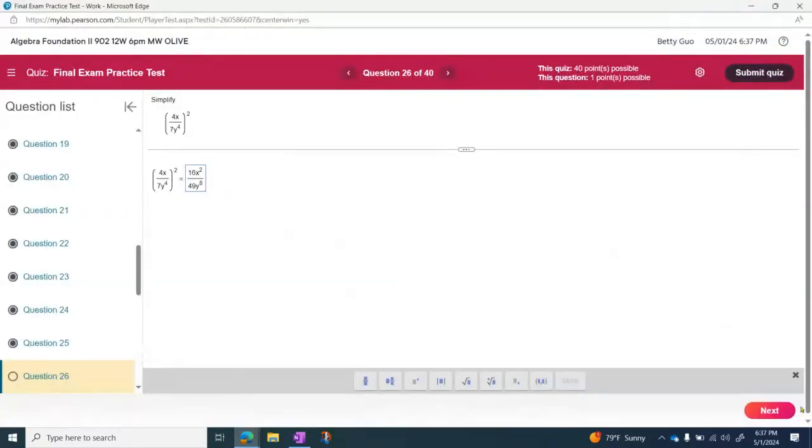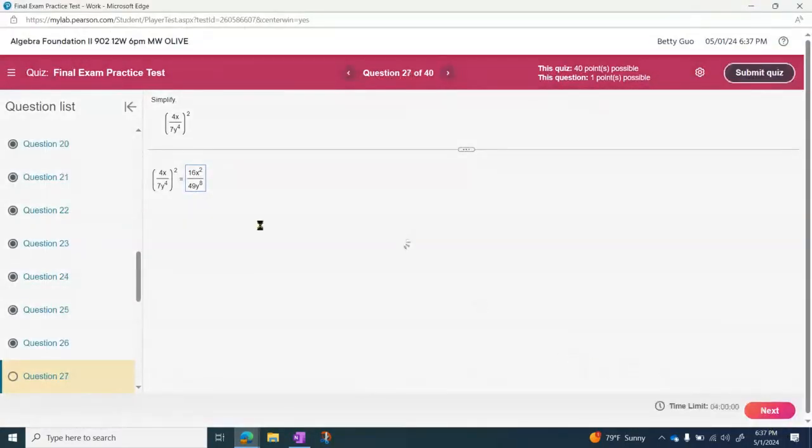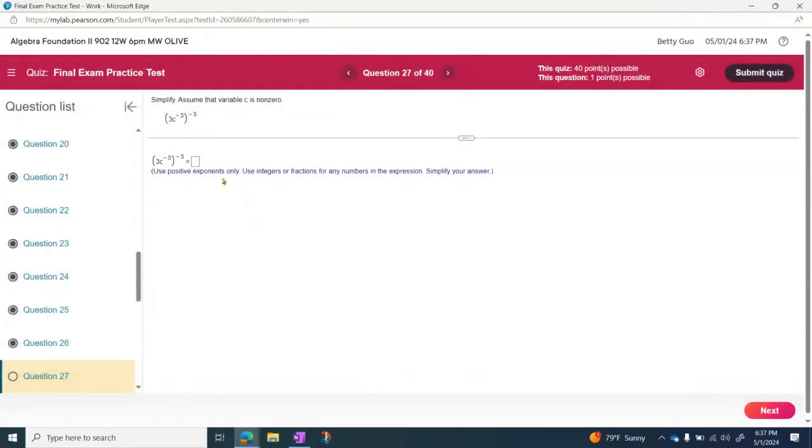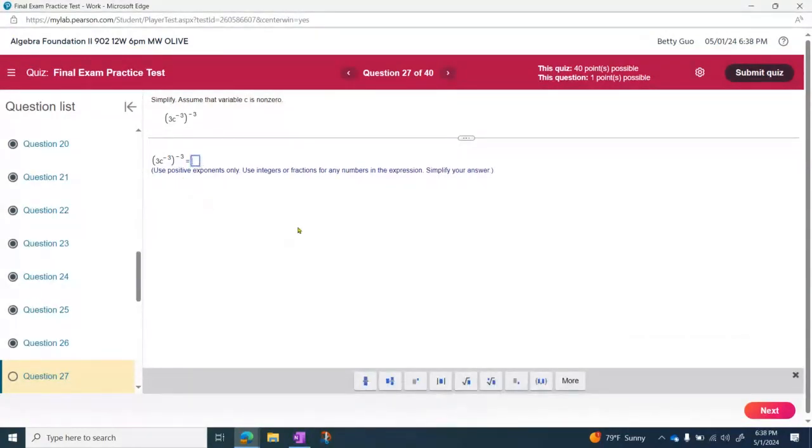Next. Okay, simplify, assume the variable c is non-zero. Okay, so we're going to use the power of a product first. 3 to the power of -3, so that is 1 over 27.